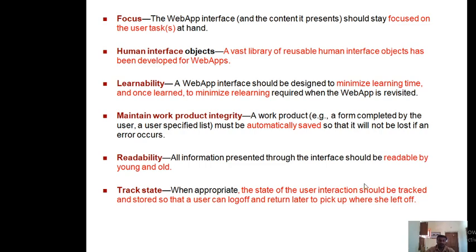That means when you are using a web application, if you are moving from one point to another and you stop your work in the middle, the interface has to store up to that point and track the state. So if you come again, it provides you from where you stopped last. From there itself you can start again, not from the beginning. So that is the concept of track state.